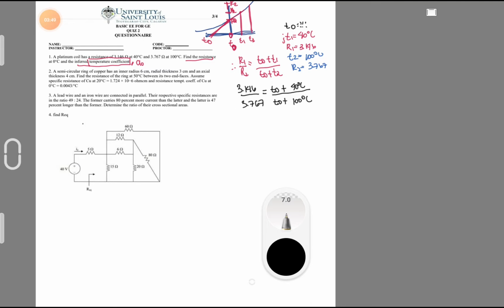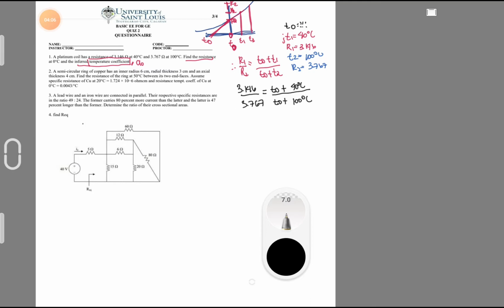Use your calculator to solve for TO. Enter 3.146 over 3.767, then alpha calc. Of course alpha x is our TO, so alpha x plus 40 divided by alpha x plus 100.